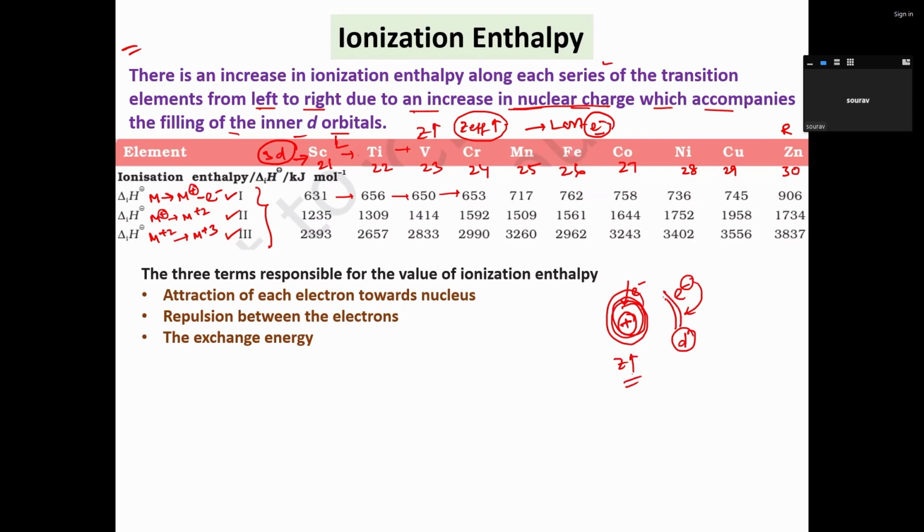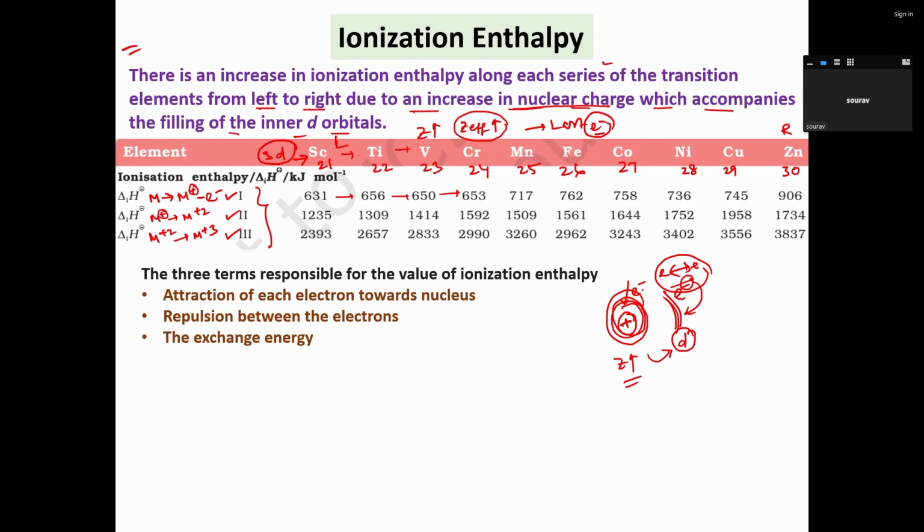But simultaneously, as the number of electrons in the d orbitals increases, there is some electron to electron repulsion. Due to this, the effective nuclear charge is not that effective on the last electron. That is why only some amount of extra energy is needed to ionize these 3d metals.